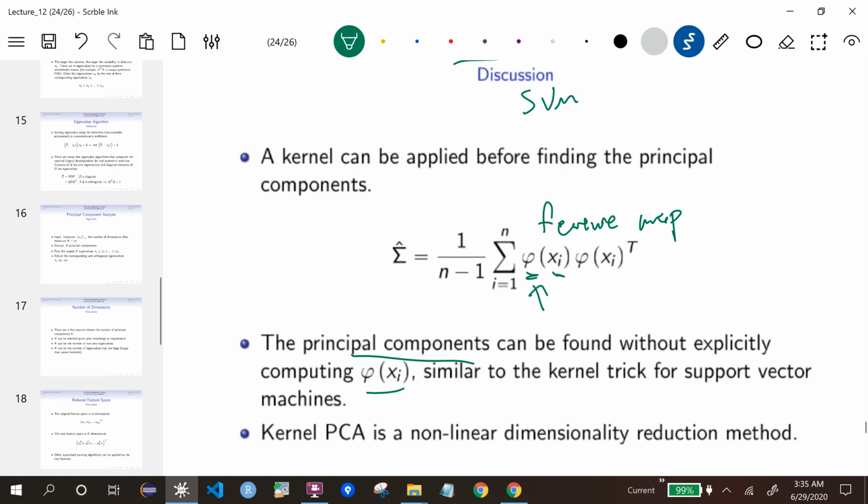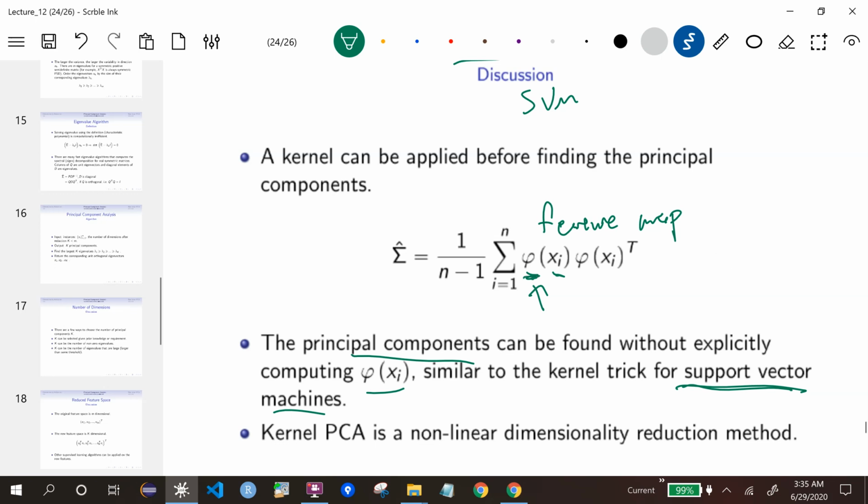So we can use the same kind of dual optimization idea to compute PCA. It's the same idea as with the support vector machine that I just mentioned and didn't really go into the details of. Here we're not going to go through the details as well. I'll just say that it's a similar technique to the support vector machine.